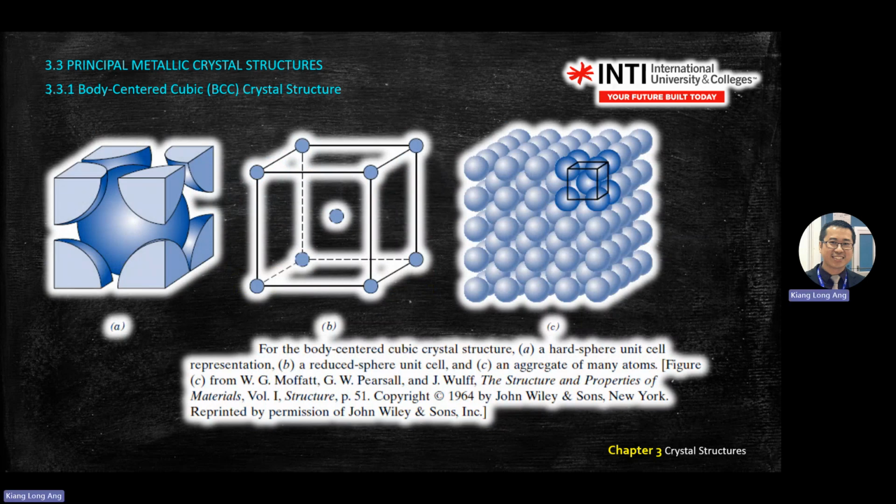B is a hard sphere unit cell, and C is aggregated. Aggregated means stacking of the cell. So again, A and C, normally you'll see in the question, in the assessment. B is your answer that we expect in your answer sheet.